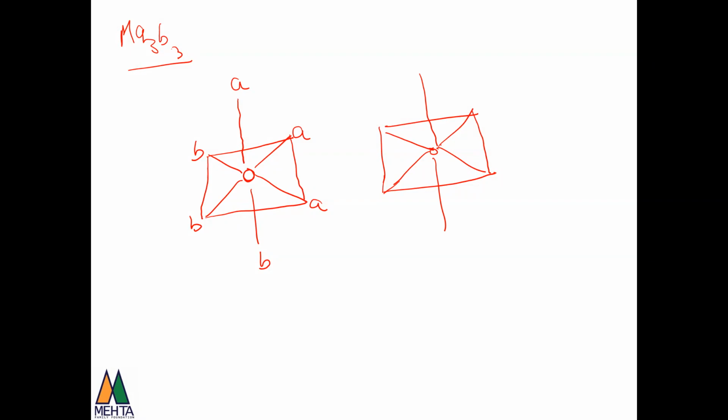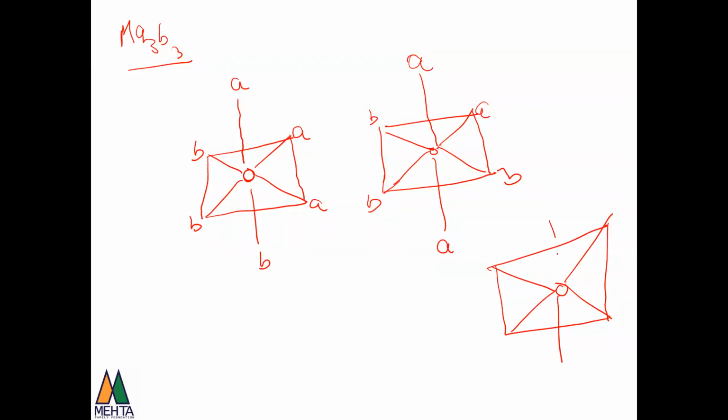Okay, so if you are having A is here and other A is here and one A is here. Okay, and similarly one B is here, right? And the third possible structure you can get, right?